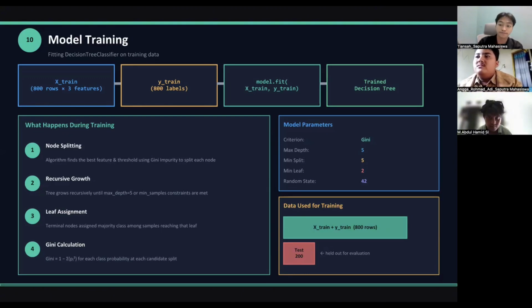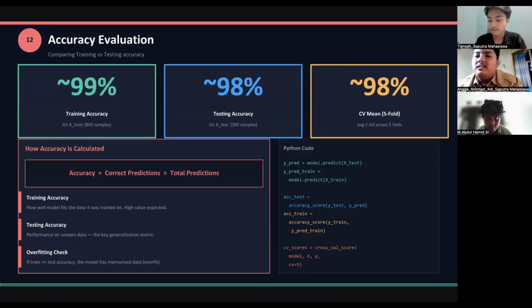Okay, next. Accuracy evaluation. Next, we evaluate the model accuracy. The results show training accuracy around 99%, testing accuracy around 98%, cross validation mean around 98%.